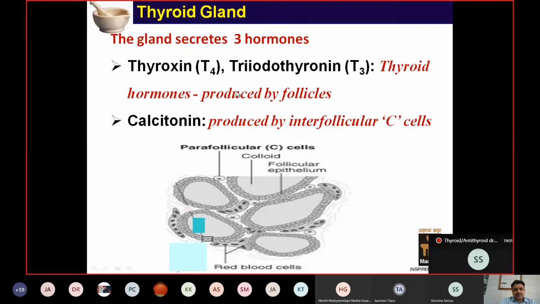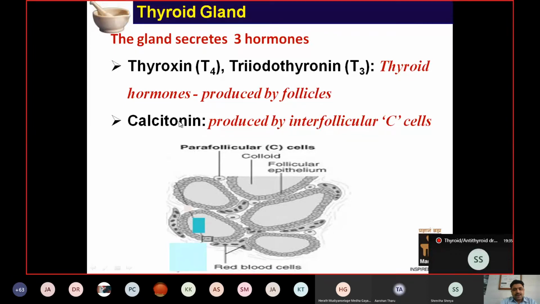These are produced by the thyroid gland, especially these follicles. And the parafollicular C cells release calcitonin. This is also a hormone, and it controls the calcium balance in our body.